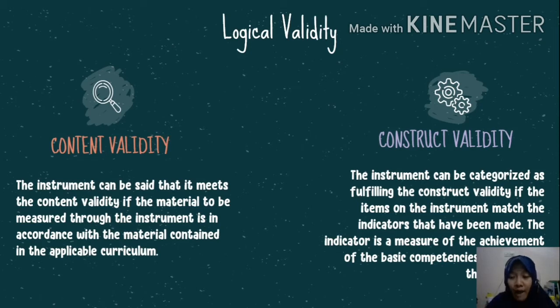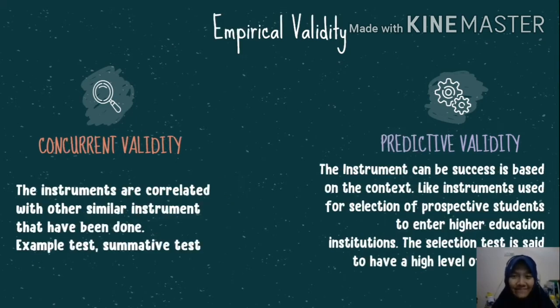So, after the teacher looks at the basic competencies in the curriculum, the teacher makes the indicators. So the indicators are used to make the construct from the indicators that have been met, based on the basic competencies.